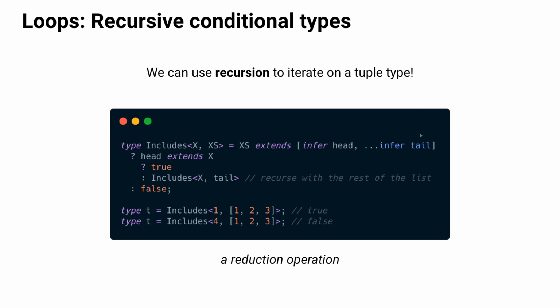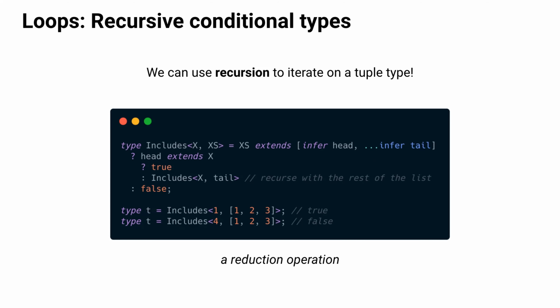And so here we say that if Head extends X, then we return true. That means that X is indeed inside the list. Otherwise, we recurse on this function. We call it on the other branch. And if our list does not extend that, it means that it's an empty list. So it's false. Empty lists don't contain anything.